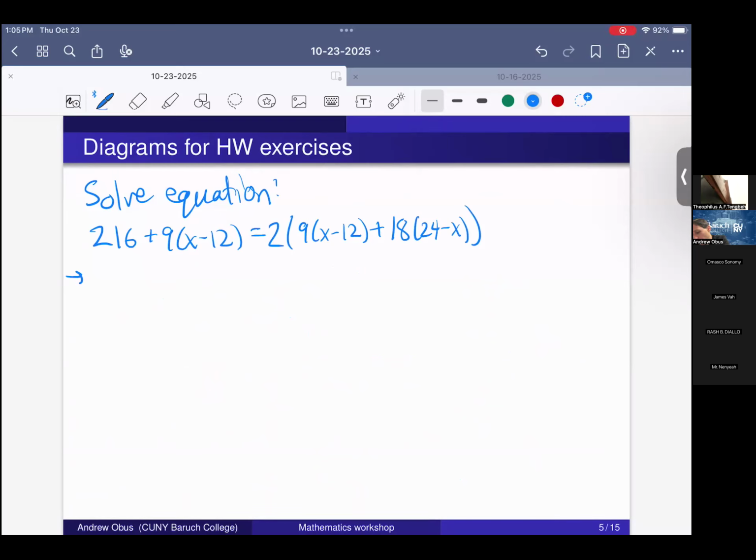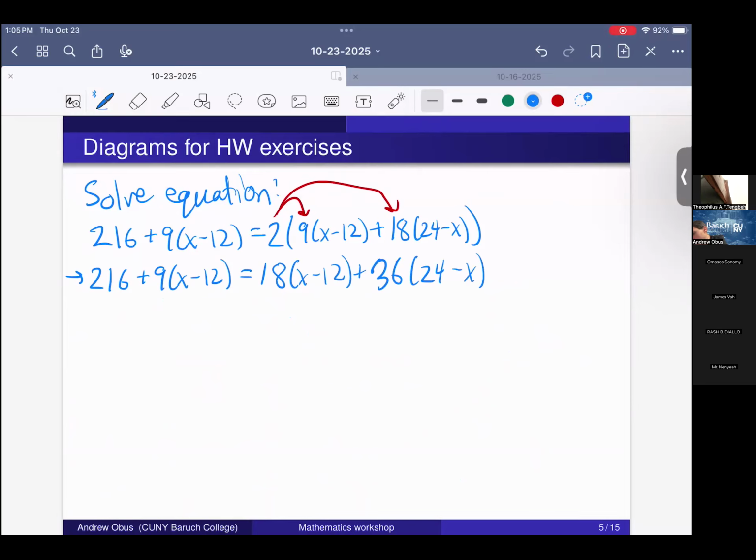All right, so let's just solve it. I'll keep the 9 times (x minus 12). I'm not going to simplify that out yet. I'll distribute the 2 over here. So this gives us 18 times (x minus 12) plus 36 times (24 minus x), because it's got to be 2 times that.